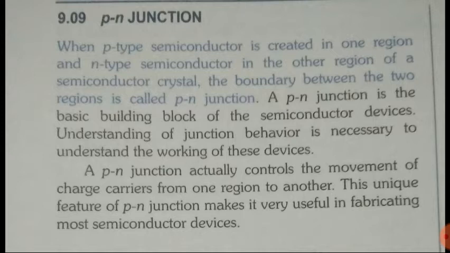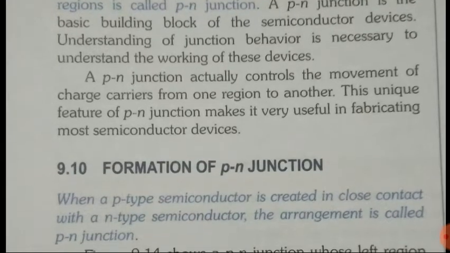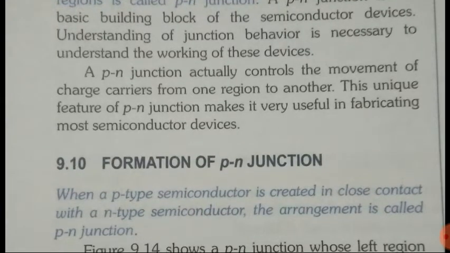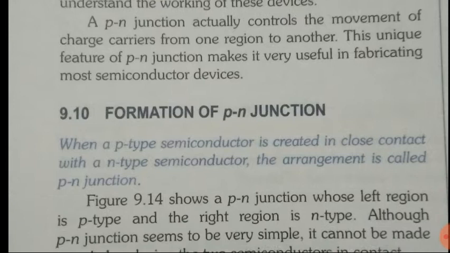If someone asks you the significance: the p-n junction controls the movement of charge carriers from one region to another. This unique feature makes it very useful in fabricating most semiconductor devices.